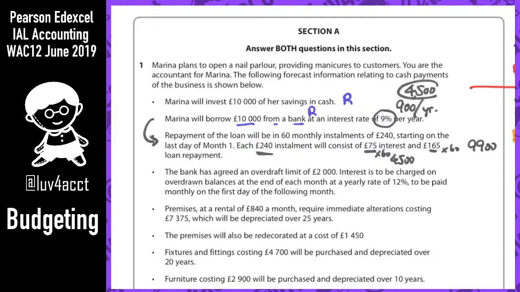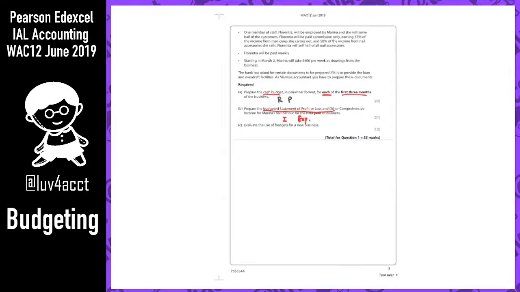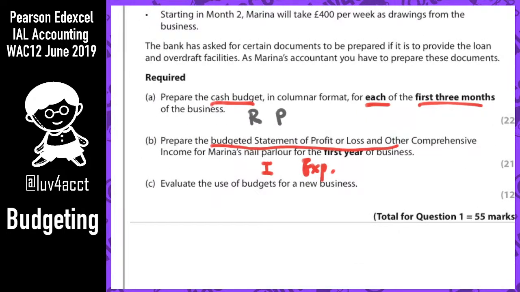So this 100 short will be from the principal. Anyway, we can ignore this because what we are interested in is the cash budget for the first 3 months, and also the budgeted statement of profit and loss for the first year. So we just need to deal with the first year and the first 3 months.